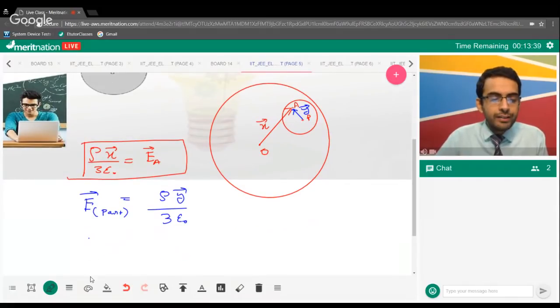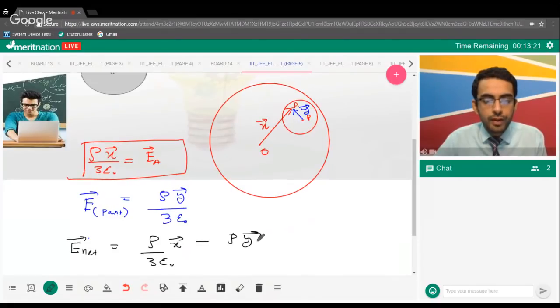So when there's a cavity, E net is equal to rho by 3 epsilon naught into x vector minus rho y vector upon 3 epsilon naught. So it's rho by 3 epsilon naught multiplied by (x vector minus y vector).